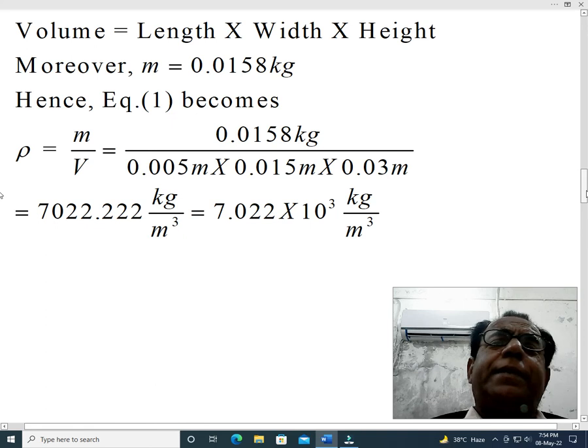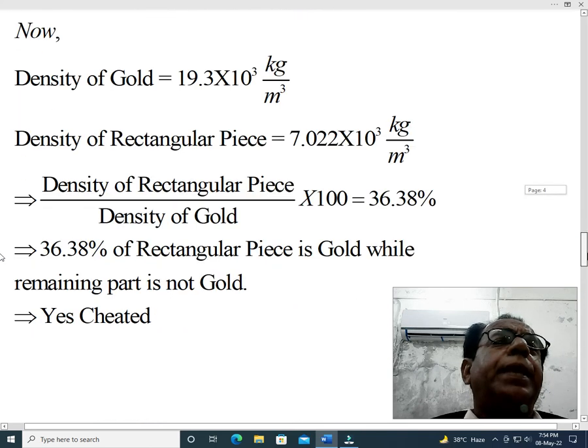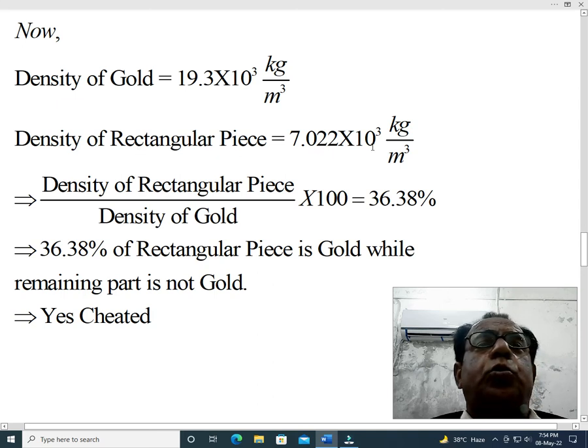So it means we are cheated. Density of gold is equal to 19.3 into 10 raised to the power 3 kilogram per meter cube. Density of rectangular piece is equal to 7.022 into 10 raised to the power 3 kg per meter cube. So comparison is quite clear. This is 19, this is 7.